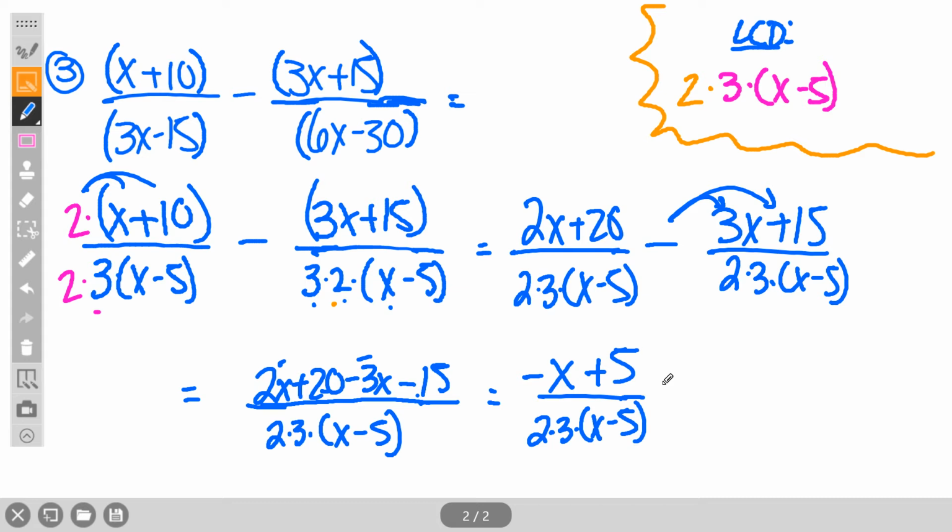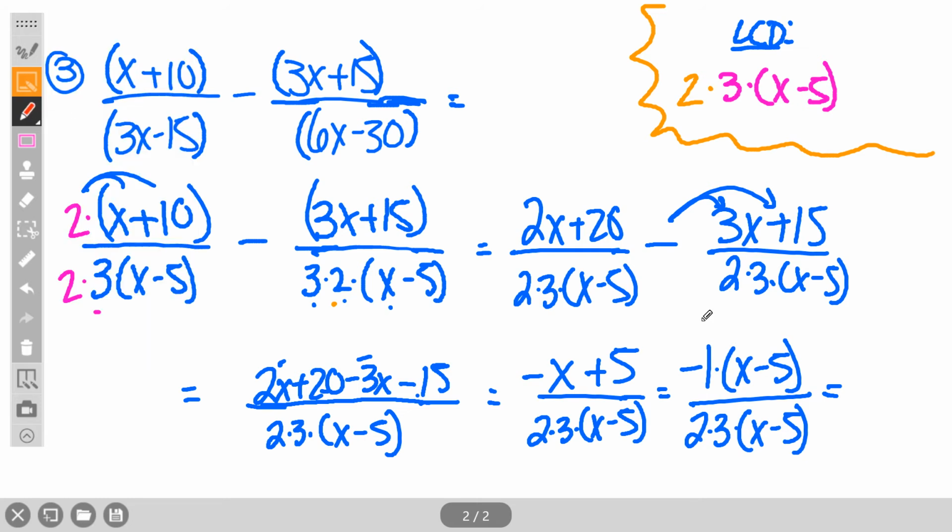Now at this point, we ask ourselves, can the numerator be factored? And the answer is yes, we can factor out a negative 1. If we factor out a negative 1, we're left with x minus 5. And in the denominator, we have 2 times 3 times x minus 5. The reason we would want to do this is because now we can see that they have a factor in common. They both have x minus 5 as a factor being multiplied.